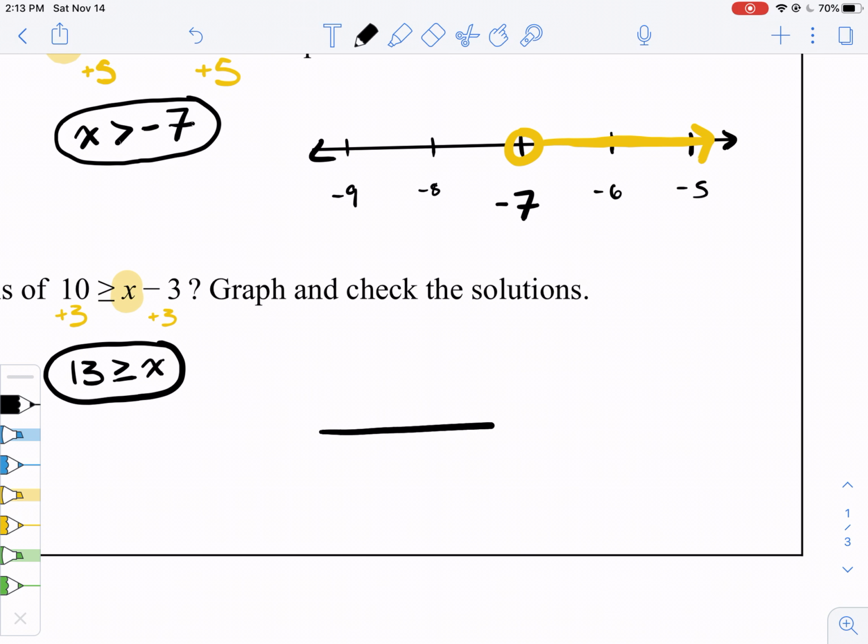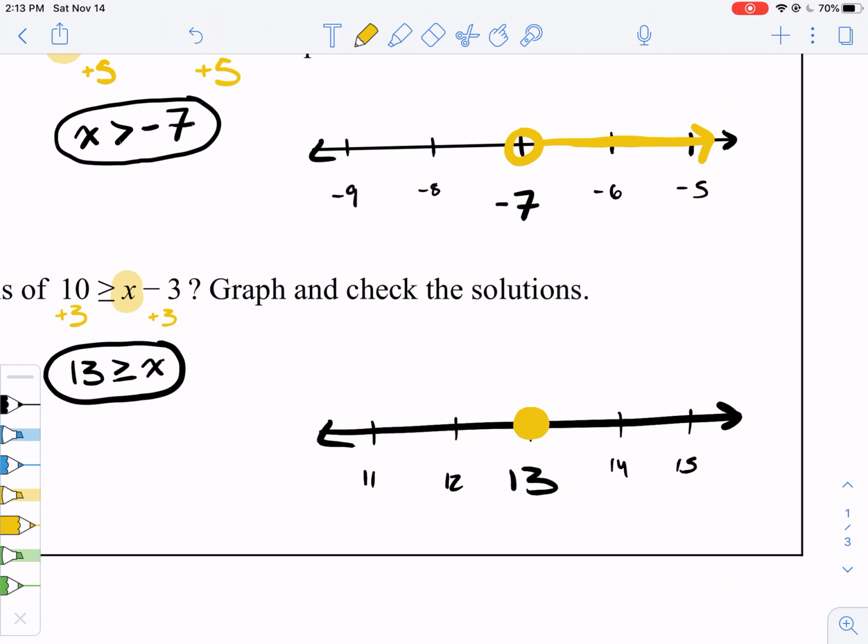So let's graph our solution. We'll start out with 13. We have 14 and 15, and going the opposite way is 11 and 12. And this is greater than or equal to, so that'll give us a closed circle at 13.